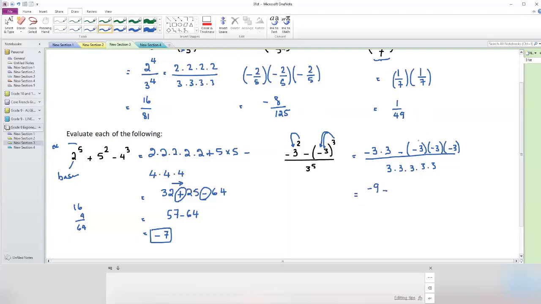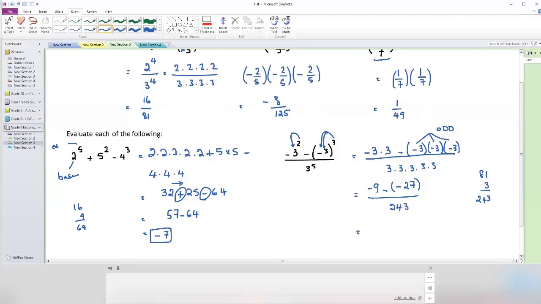Minus. We have here the negative 3 repeated 3 times. This is an odd number of times, so the final answer is negative. Negative what? 3 times 3, 9. 9 times 3, 27. Over, here, 3 times 3, it's 9. 3 times 3, it's 9. 9 times 9, 81. 81 times 3: 3 times 1, 3. 3 times 8, 24.